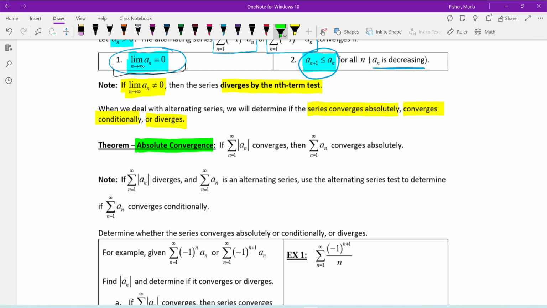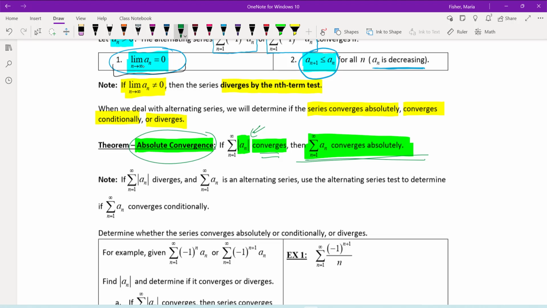Absolute convergence has you taking the absolute value of a_n. If you take the absolute value of your series and that series converges, then the series without the absolute value converges. Again, we just take the absolute value of a_n and determine, does that series converge? If the answer is yes, then the series itself converges absolutely.